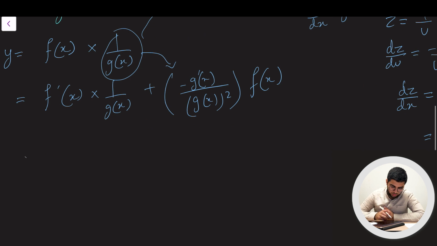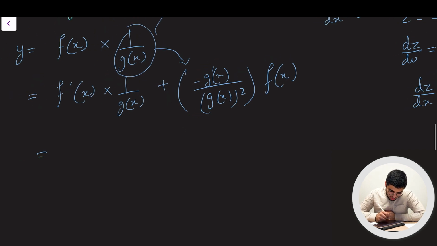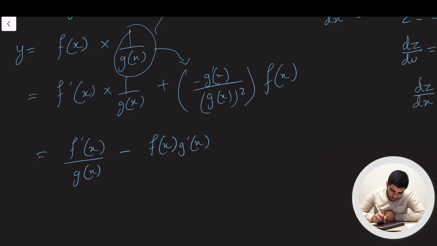And now we can do some multiplying, and we'll see that things start to get a bit more simple and a bit more familiar. So we get f dash of x over g of x, take f of x g dash of x, all over g of x whole squared.